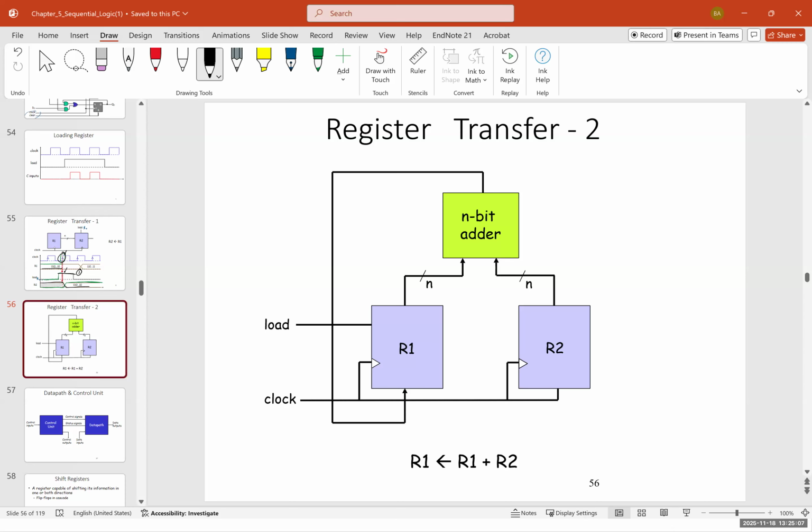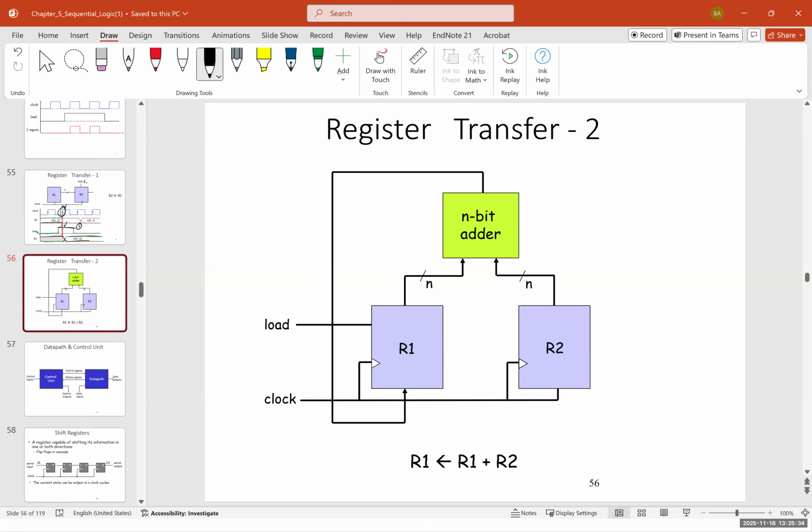The outputs of registers R1 and R2 are connected to an n-bit adder. It could be a full adder. The output is fed back to R1, and R1 and R2 are again synchronized with the clock. This register is an adder, technically. It adds R1 plus R2 and puts the result again in R1.